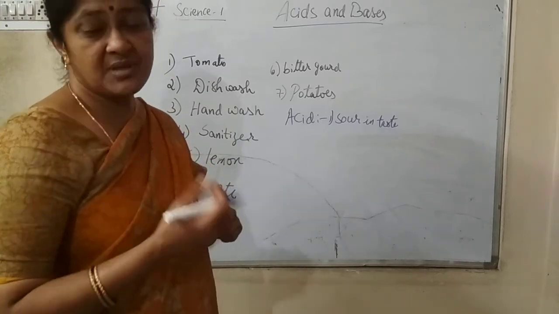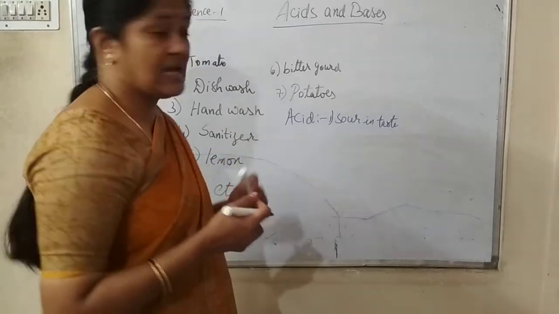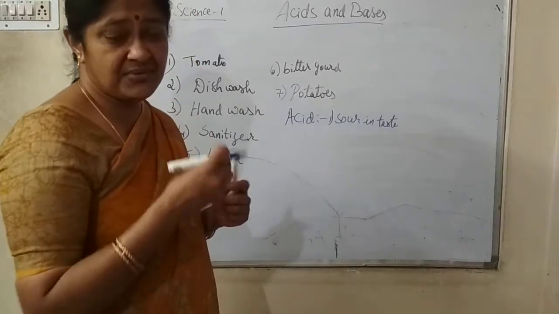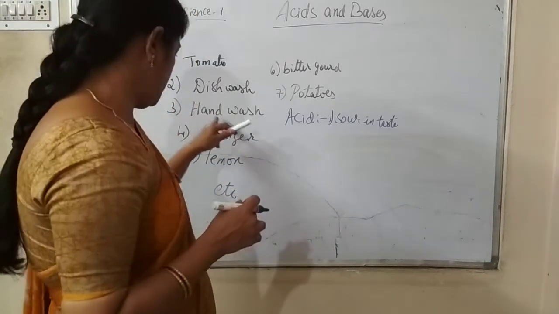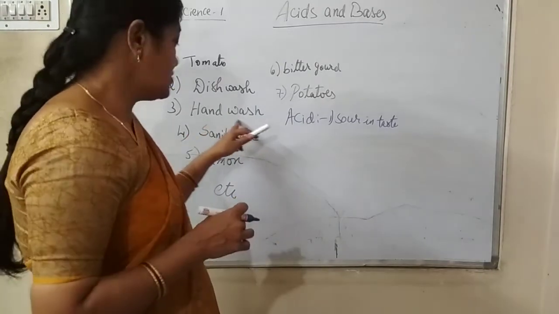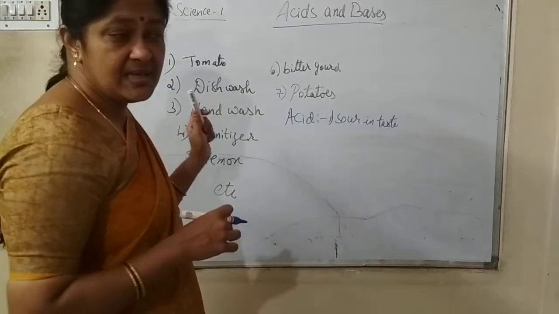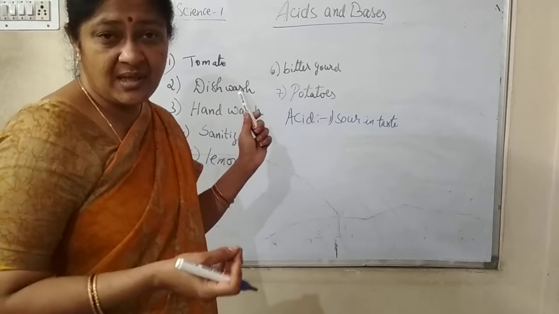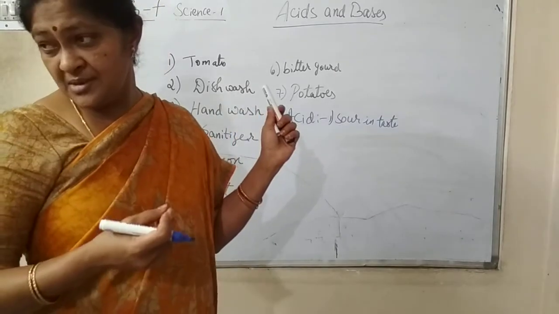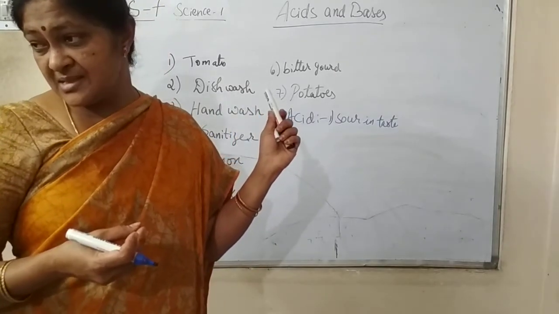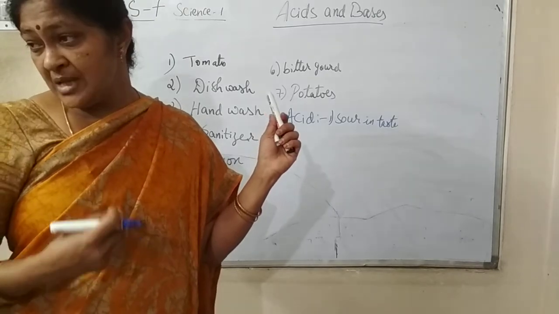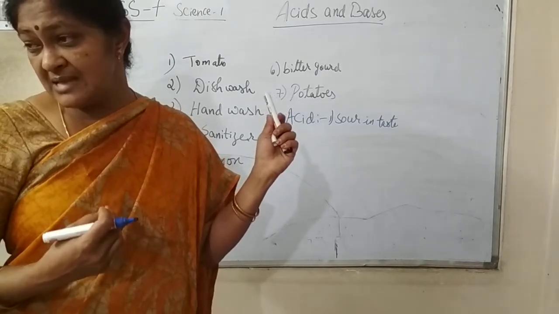You have to test them, and you can't eat every substance. You can't eat dishwash, you can't taste sanitizer or hand wash. These cannot be tasted, but you have to know whether they are acids or bases. Then how could you come to know whether they are acids or bases?